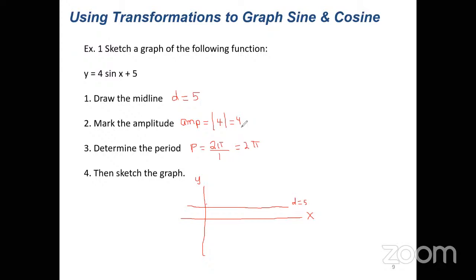And we know that the amplitude is 4. So it's going to go up 5, 6, 7, 8, 9, right? It's going to go up to 9. And if it's 5, it's going to go 5, 4, 3, 2, 1, right? It's 1.